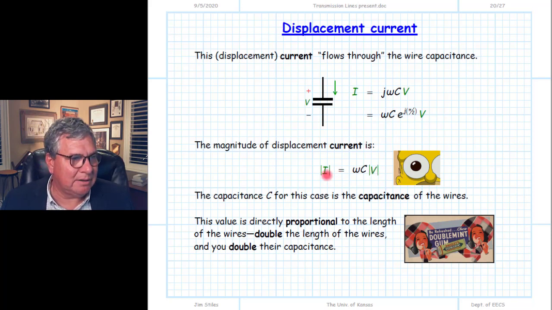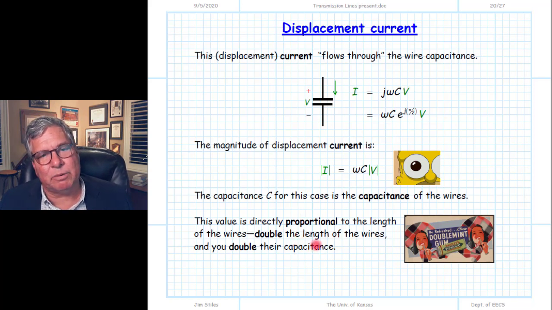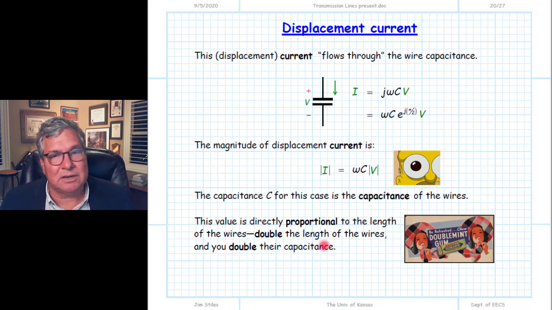So when is this going to be significant? Well, it's when any one or more of these is significant. The first thing we'll look at is the capacitance between the two wires. Just like inductance, the capacitance between the wires is proportional to the length. The longer the wires, the larger the capacitance.